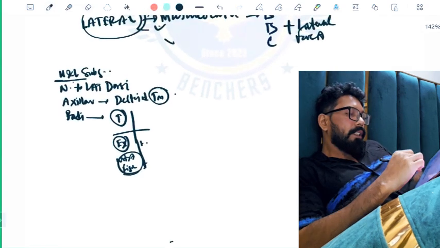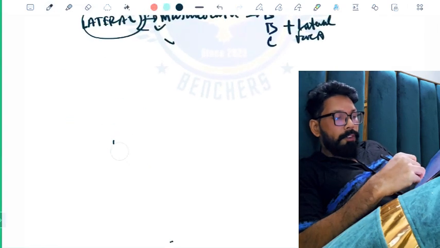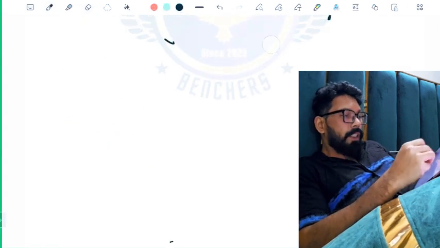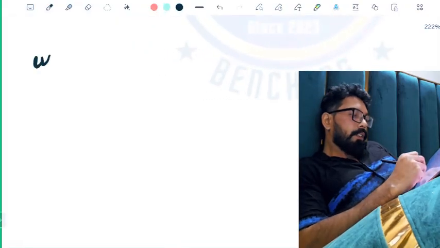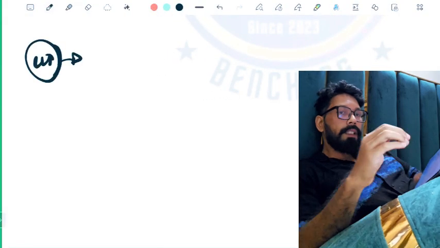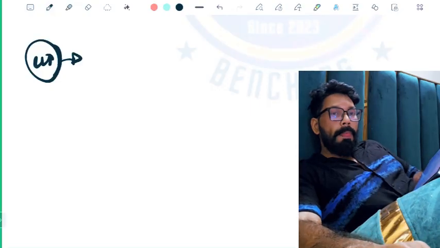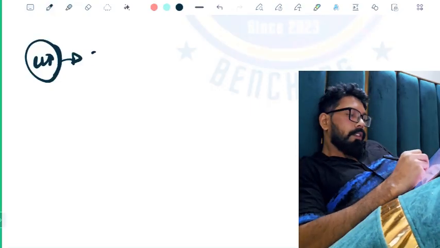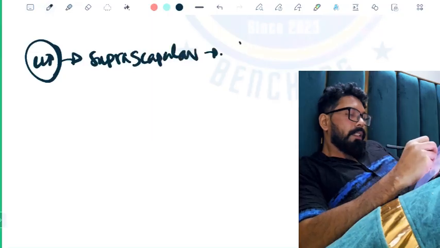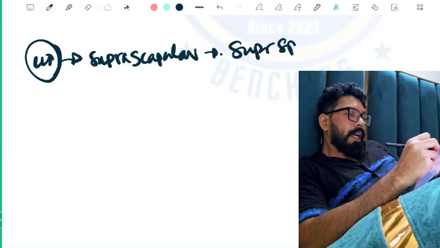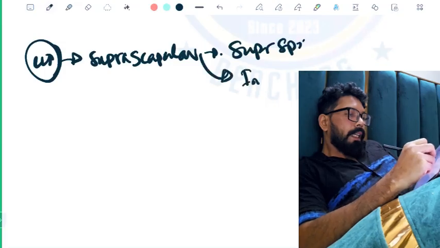Now, are these the end? No. We have to know some other branches which are from the trunk and other places, like the upper trunk. From upper trunk, we have suprascapular nerve, which supplies supraspinatus and infraspinatus.